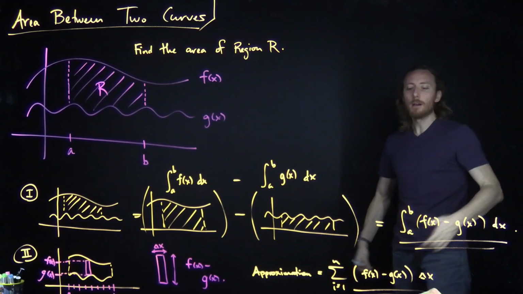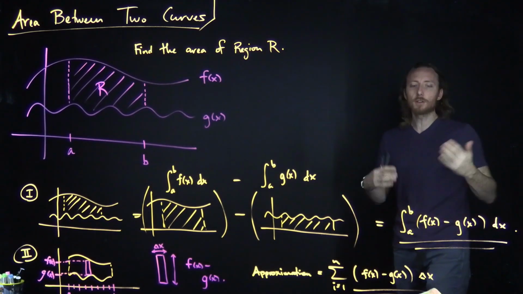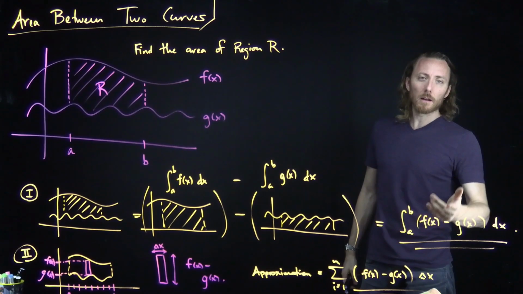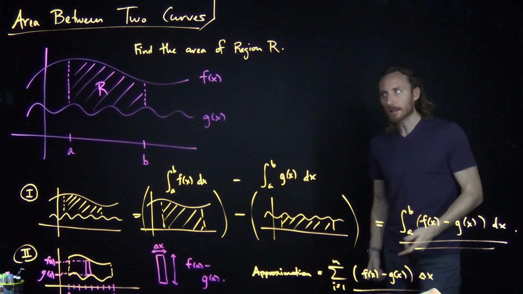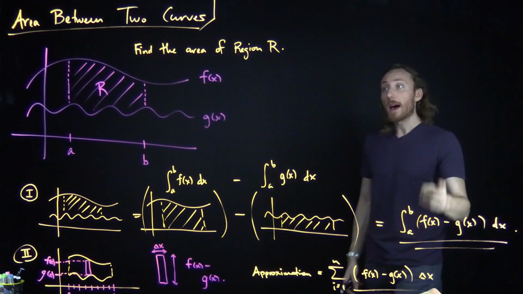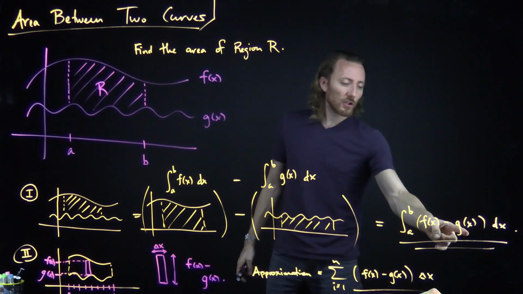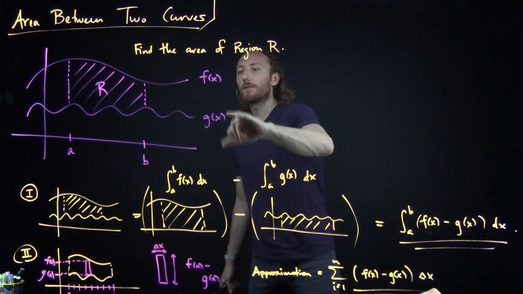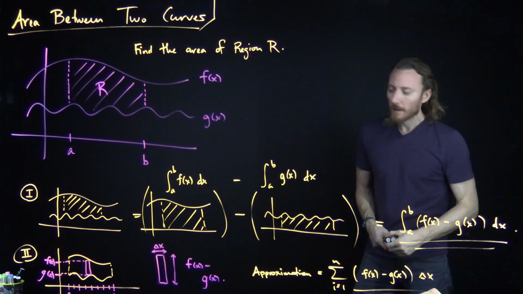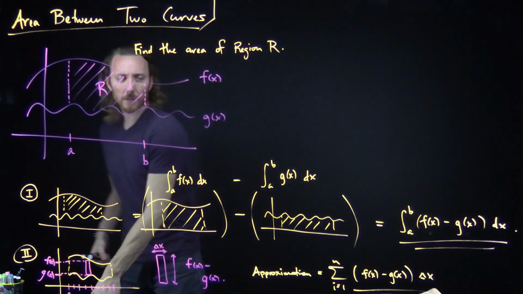I will say, so that we don't fall into the trap of simply following this expression formulaically, and instead note that f here has g being subtracted from it because f is in fact our top function. Let me express it like so.